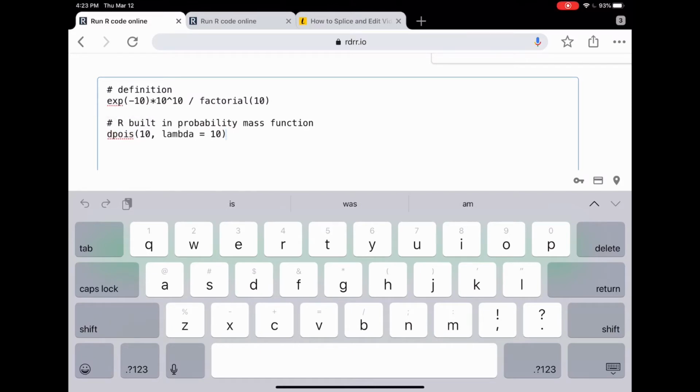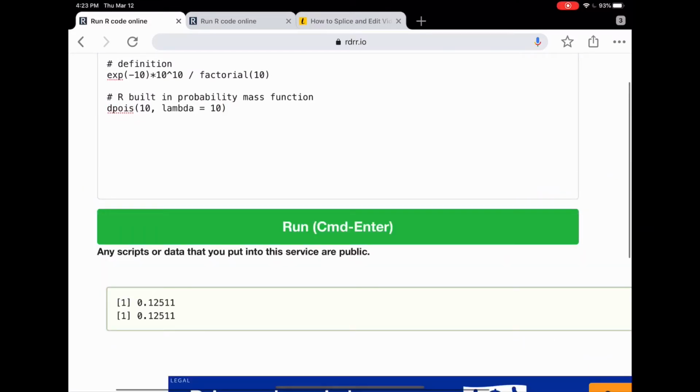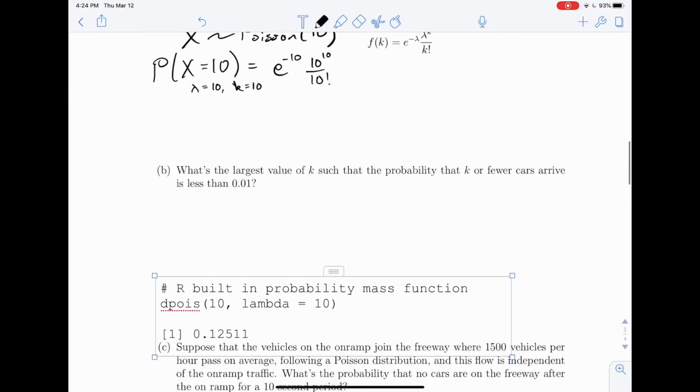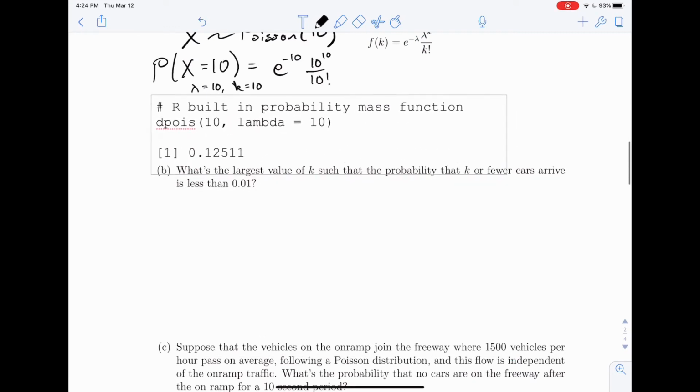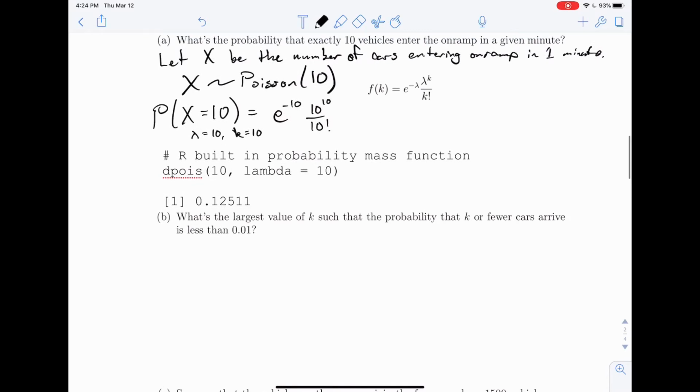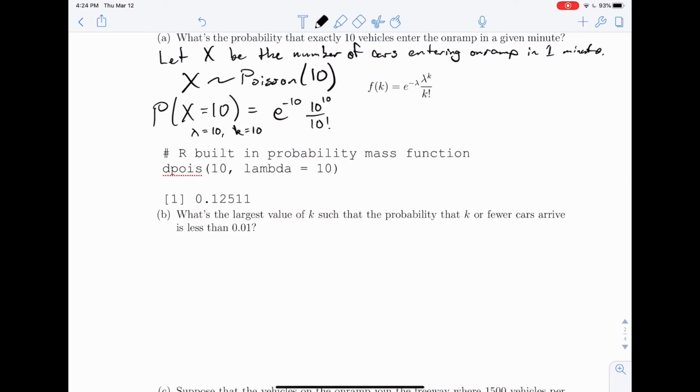But because we're using a computer, we might as well just use the easy way to do this. And that's to just use the probability mass function here. So this is equal to 0.12511.